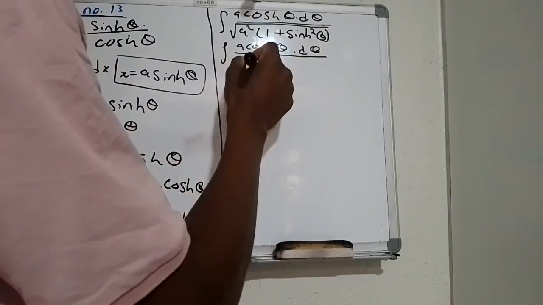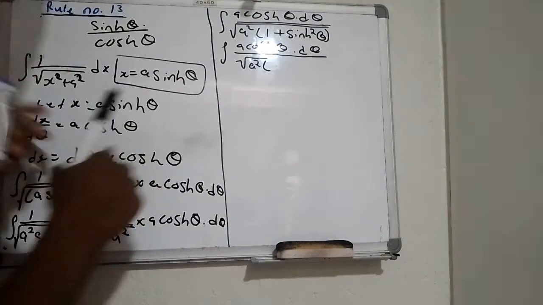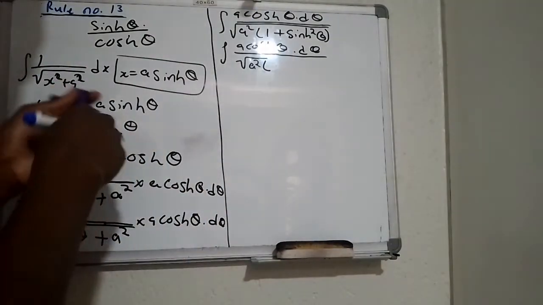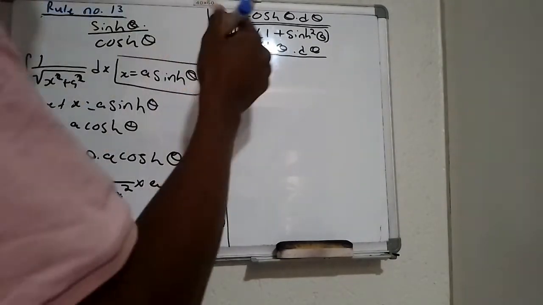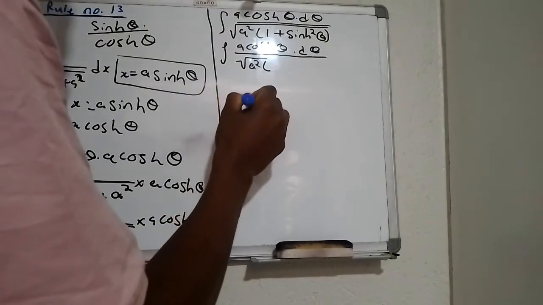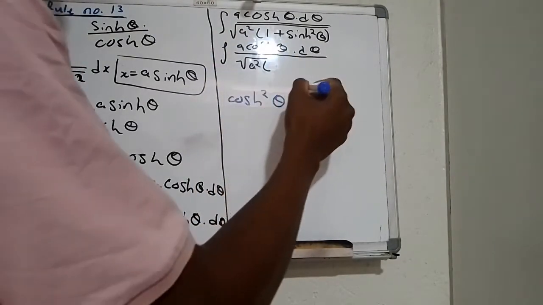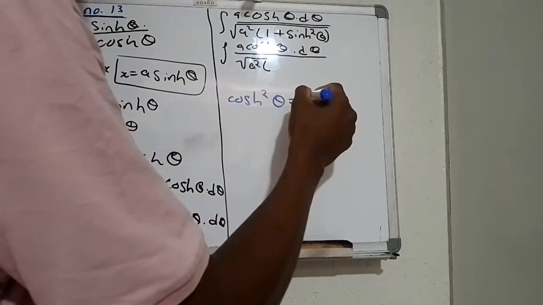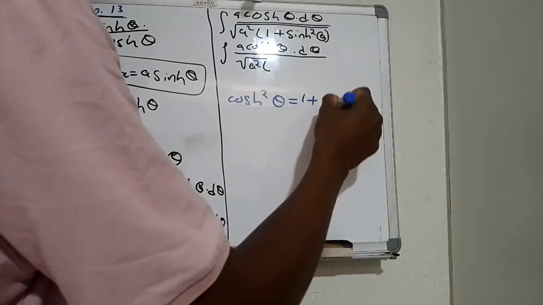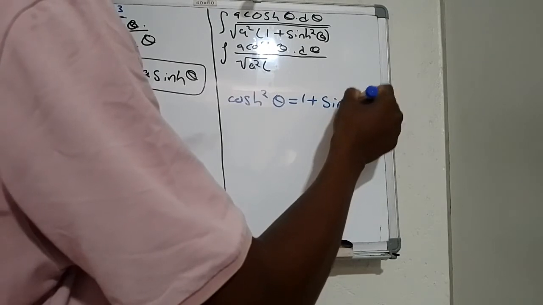But remember this one: hyperbolic cos squared theta is equal to 1 plus hyperbolic sine squared theta.